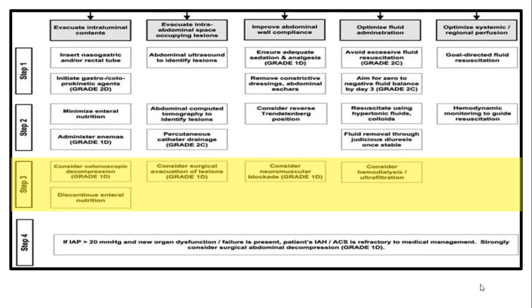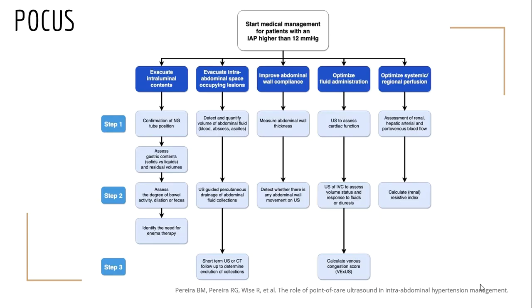And step 3 is consider colonoscopic decompression, consider surgical evacuation of any lesions, consider neuromuscular blockade, and consider hemodialysis or ultrafiltration to remove any additional fluid. After all these 3 steps, if IAP still persists more than 20 with new organ dysfunction, and the patient is refractory to medical therapy, strongly consider surgical abdominal decompression.